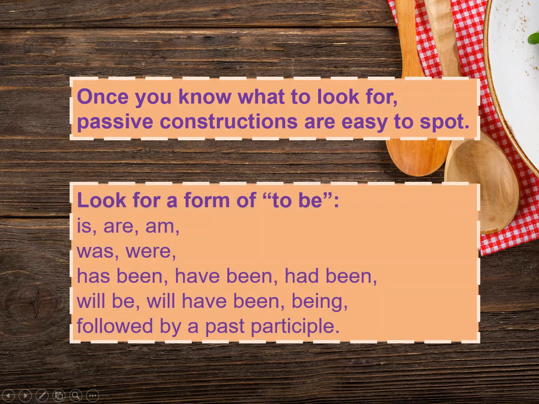Look for a form of to be: is, are, am, was, were, has been, have been, had been, will be, will have been, being, followed by a past participle.